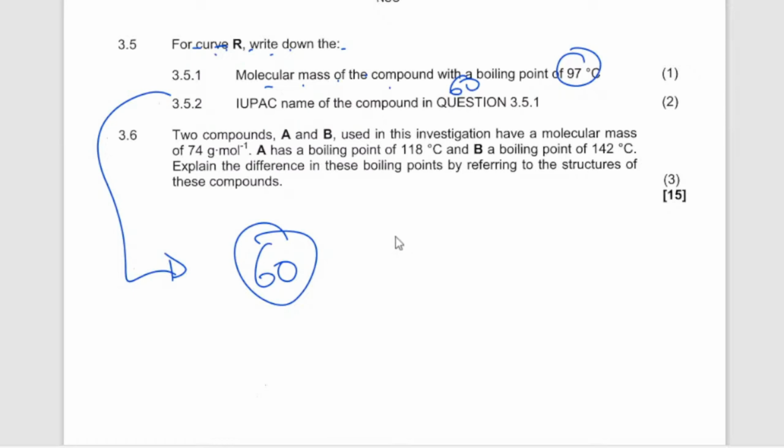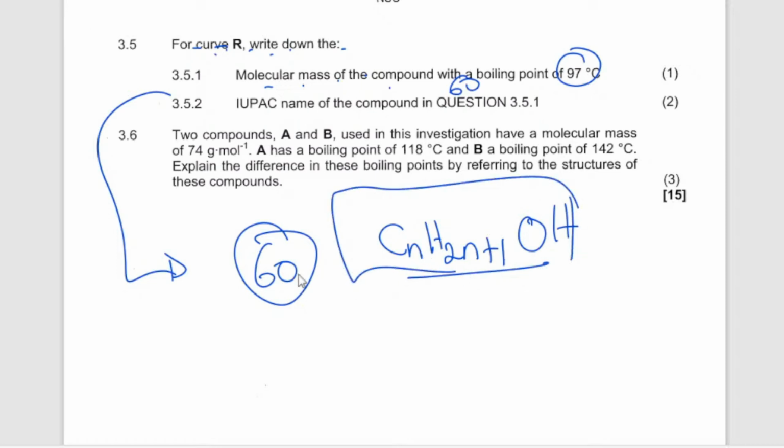You can use the formula CnH2n+1 plus the OH, yes plus 1. That's the formula you're supposed to use, and if you substitute, you'll find out that it is CH3CH2CH2OH.